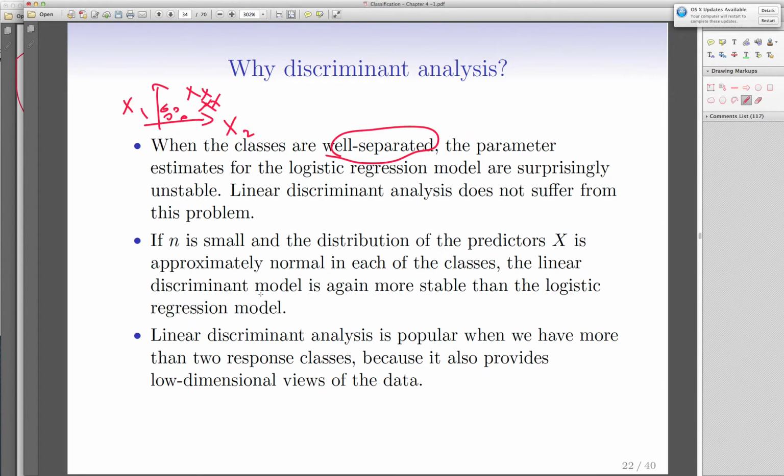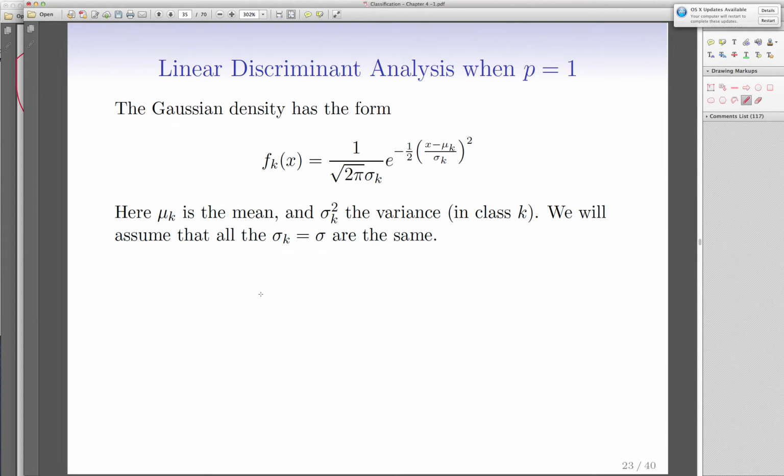It's very hard to interpret. And you can see that linear discriminant analysis does a better job in that case. So if you have more than 2 categories, it's easy to use linear discriminant analysis. If n is small and your predictors are normally distributed, then again, it does a pretty good job. And if your data is well separated, again, logistic regression cannot be used. So for all these reasons, we use discriminant analysis.